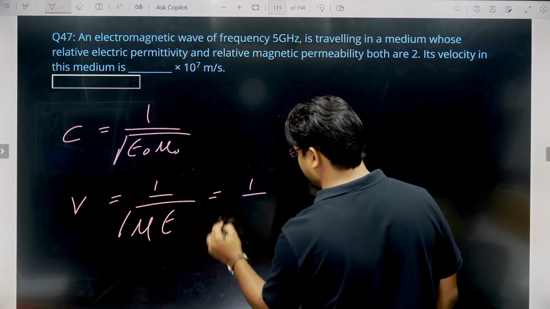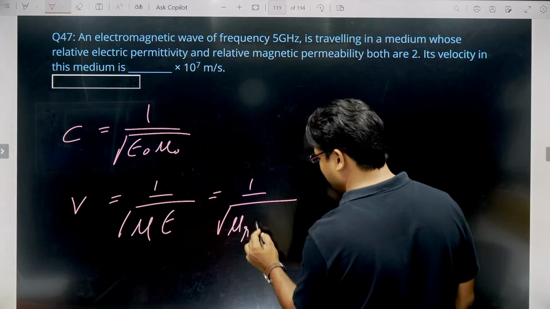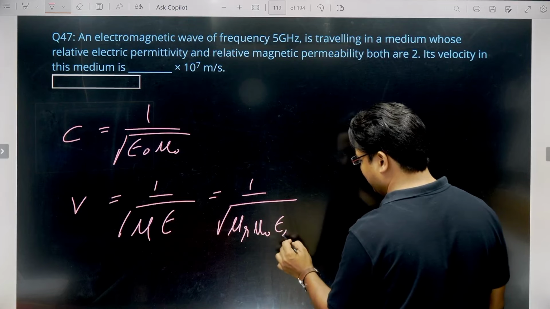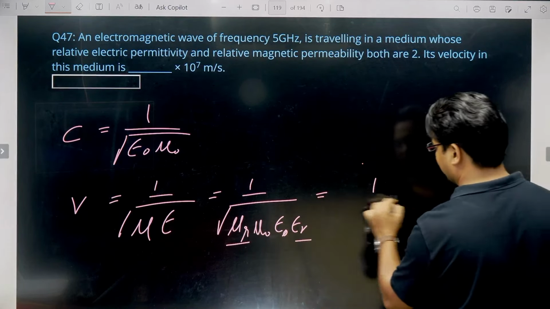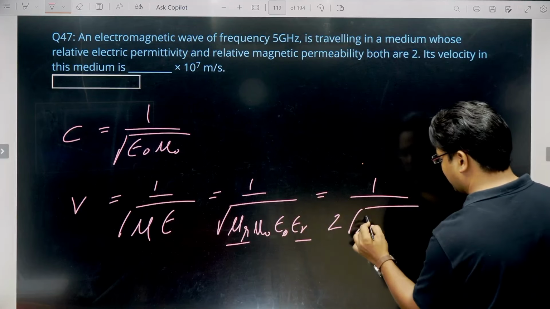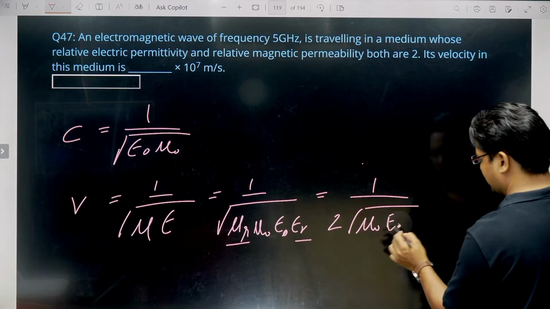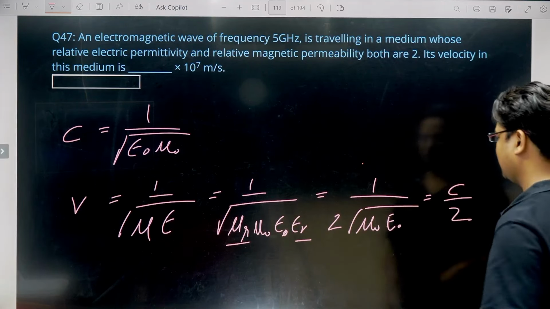Now this can also be written as mu r into mu naught and then epsilon naught into epsilon r. Since both of them are 2, we can substitute the value. So it will become 2 root of mu naught into epsilon naught. So this becomes C by 2.